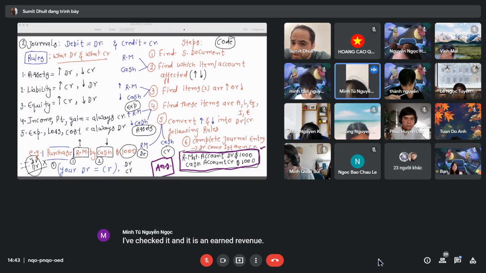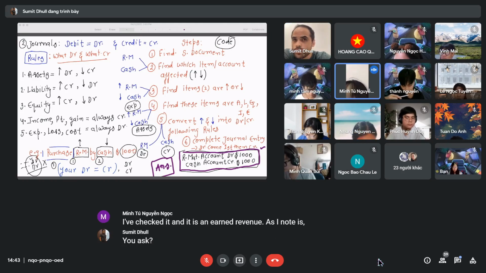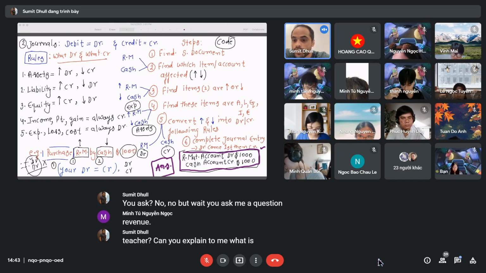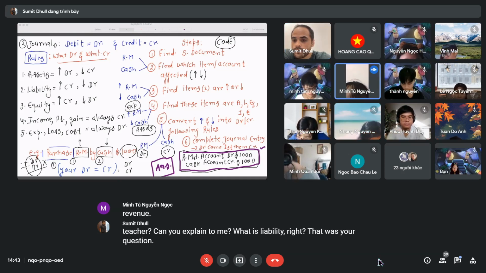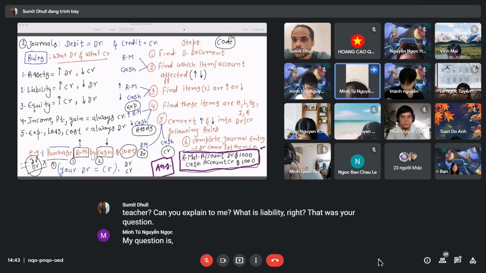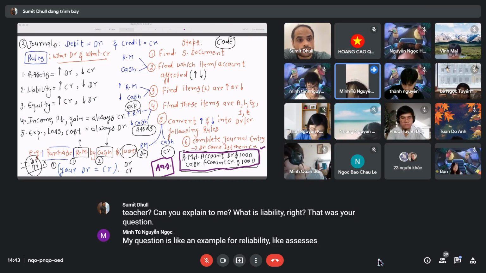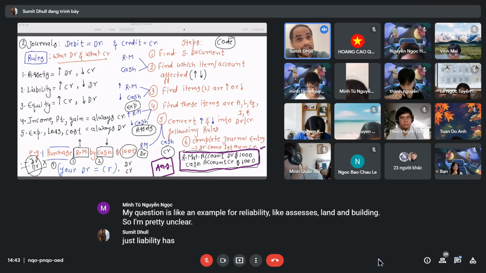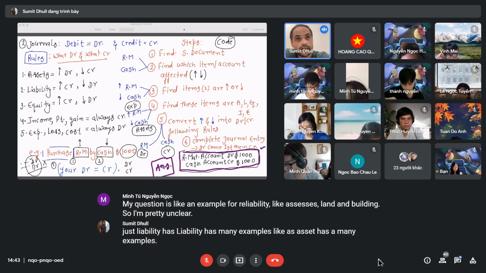You asked me a question: teacher, can you explain to me what is liability? My question is, for example, assets are land and buildings, so I'm unclear about liability. Liability has many examples, like assets have many examples.